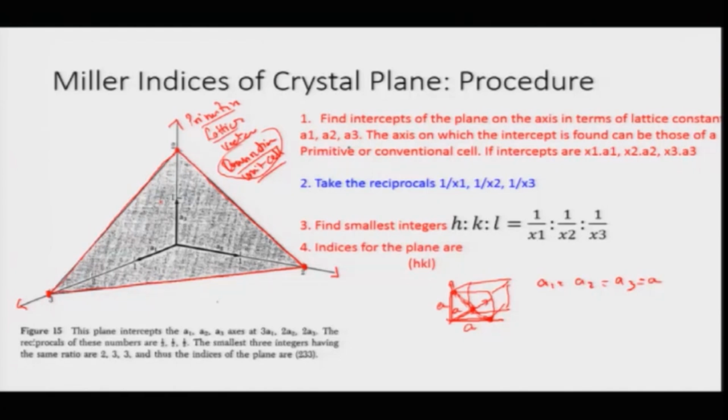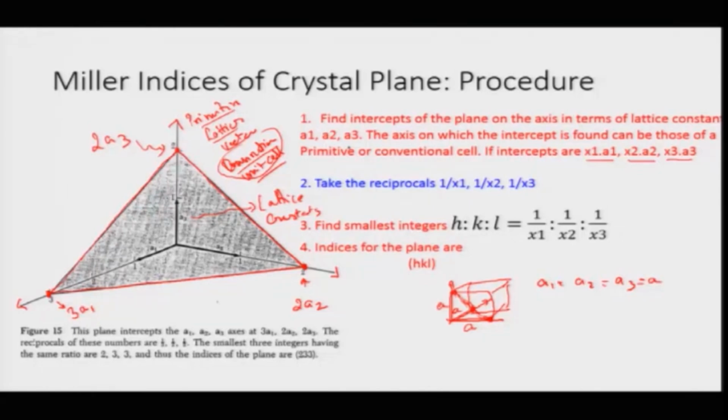So A1, and you write it in terms of the lattice constants. These are the lattice constants. So if the intercepts are x1 A1, x2 A2 and x3 A3, these are the intercepts. For example, in this example, this intercept is 3 of A1, this intercept is twice of A2 and this intercept is twice of A3.